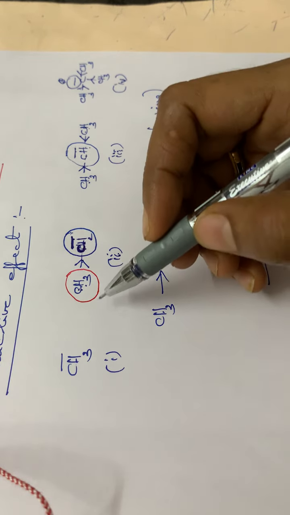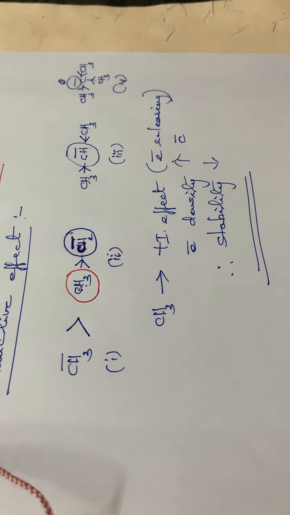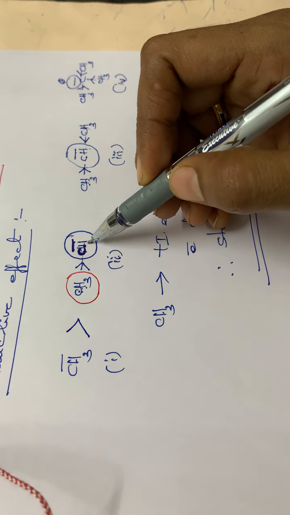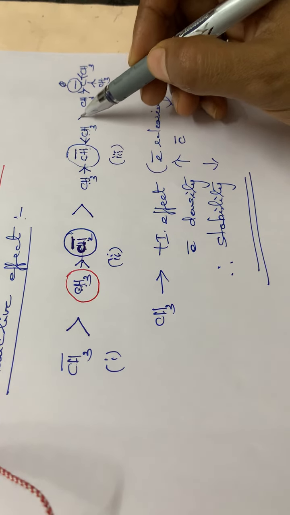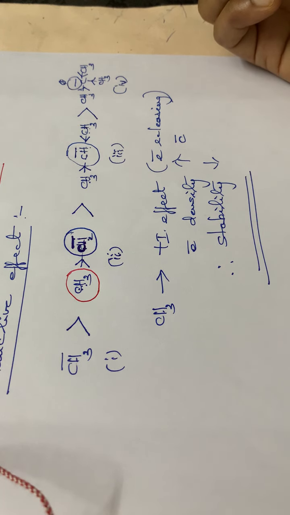So we can put the symbol. The most stable one will be CH3 minus. It is more stable than CH3 CH2 minus, which in turn is more stable than CH3 twice CH minus. Again, it is more stable than CH3 thrice C minus.